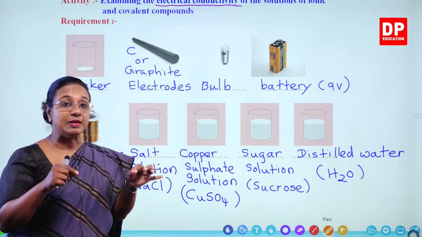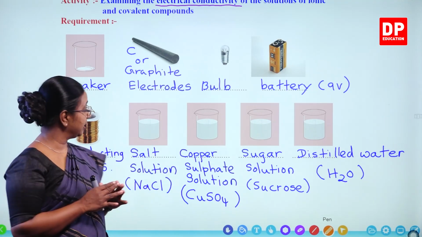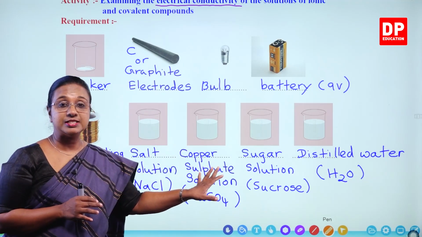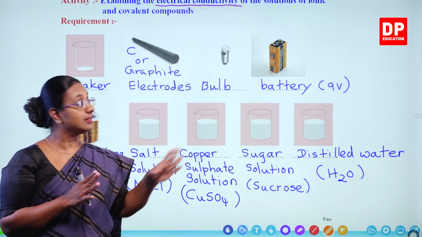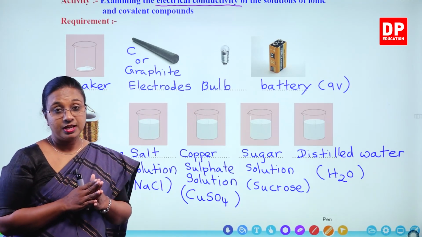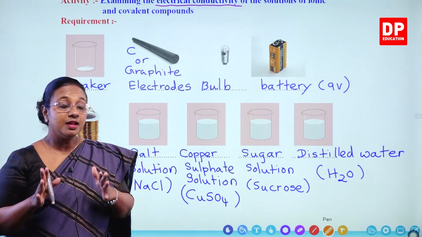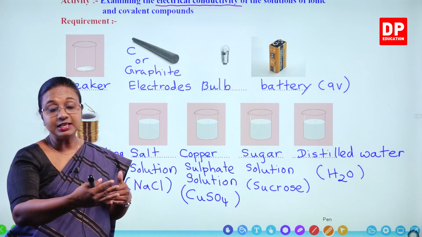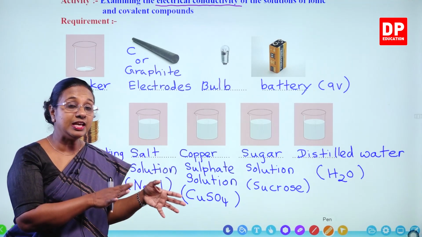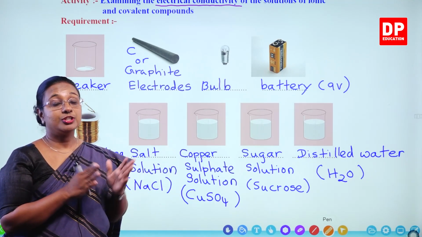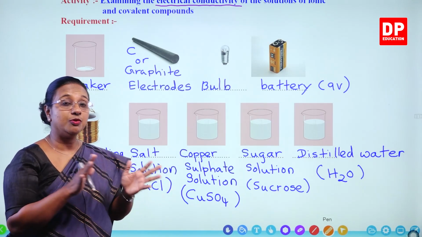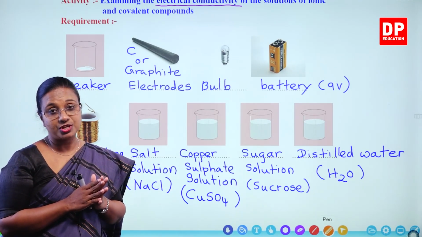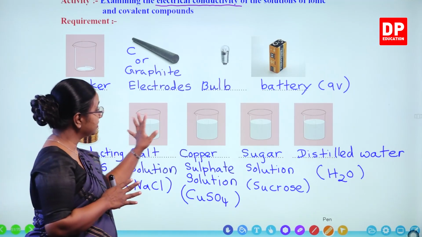After that, we will be inserting the electrodes into the different solutions and we will check whether the bulb lights or not. And before we place this electrode from one solution into another, we have to make sure that we wash it in distilled water and dry it so that we don't contaminate the solutions. So that is the procedure.